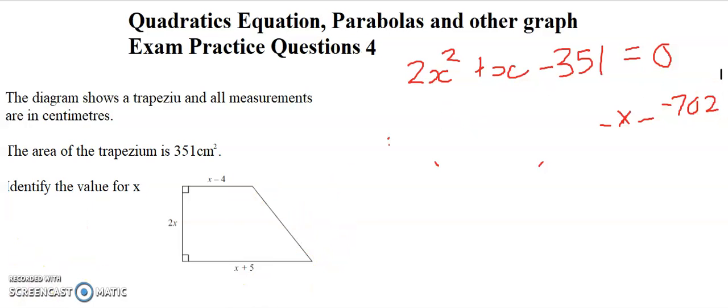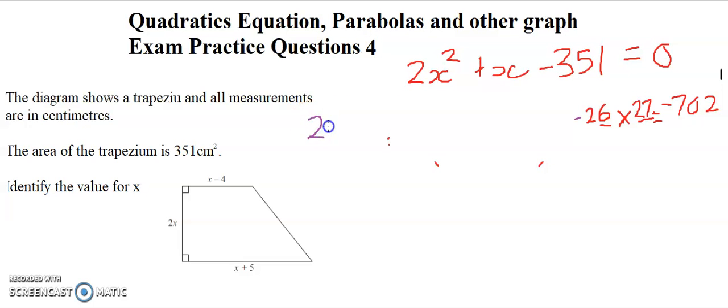This is where we need to use a calculator. We can get it by 26 times 27, and that will equal 702, but I need one negative. Looking at what we need to add it to, which is 1, I'll make it negative 26 times 27, because negative 26 plus 27 equals 1.